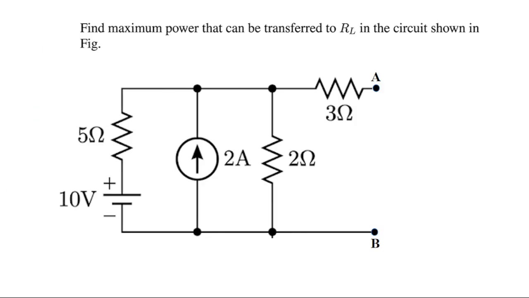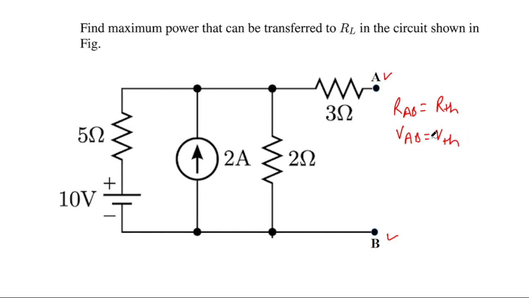The resistance will be equal to the RTH, and the voltage between these two points will become the VTH. So the circuit will be like this one. If we open circuit the load resistance, let us mark these terminals as A and B. The value of the resistance between A and B, RAB, will be equal to the RTH, and similarly, the voltage VAB will be equal to the VTH.